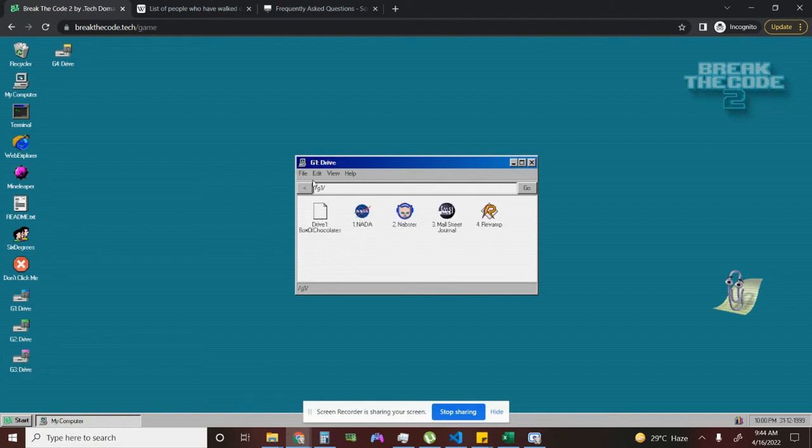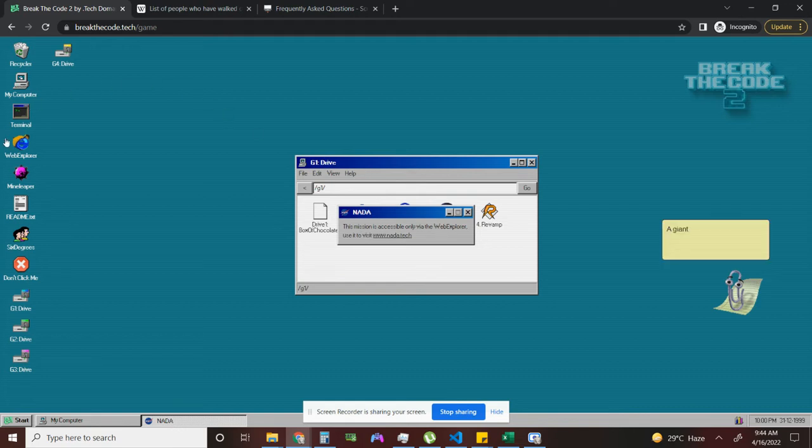To begin the first task, we go into the first drive where we enter NADA. That is a fun little way of saying NASA without the copyright issues. So they want us to go to the website www.nada.tech, and it can only be accessed using the browser that was available at the time.